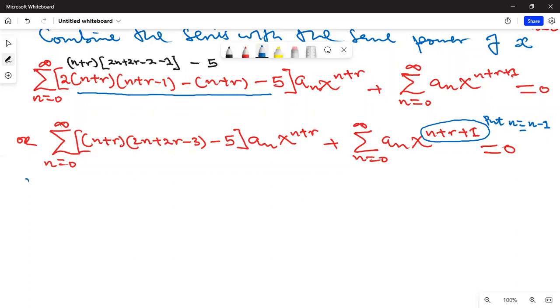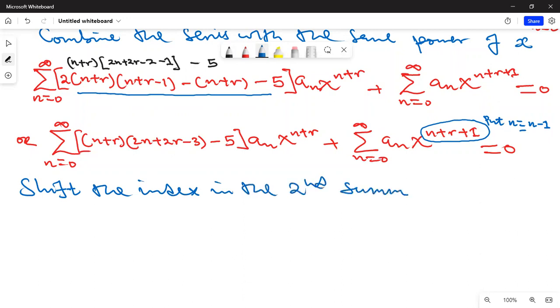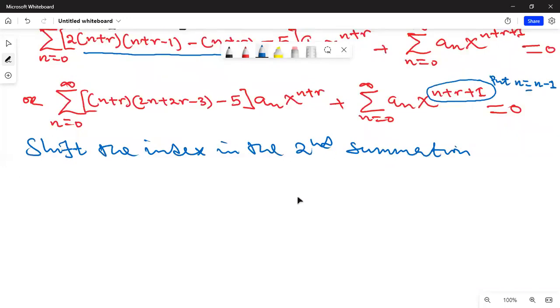So you write: shift the index in the second summation. I've told you what to do. Where there is n, you substitute n minus 1.